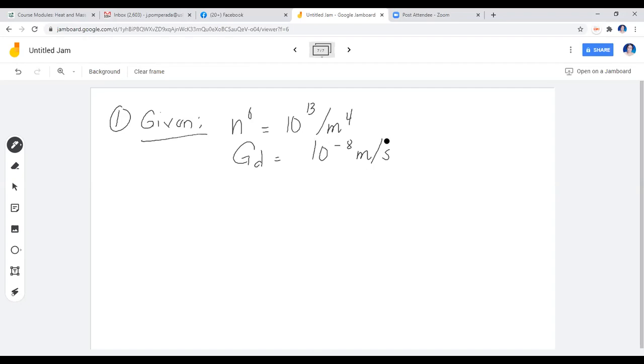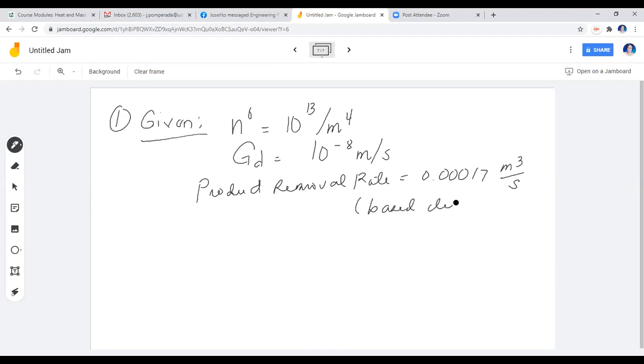And we have the mixed product removal rate equal to 0.00017 cubic meter per second. So this is based on clear liquor.